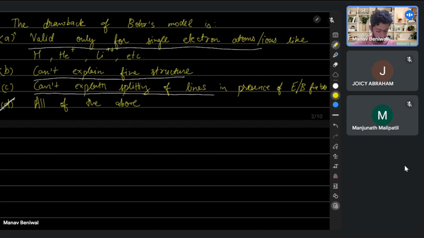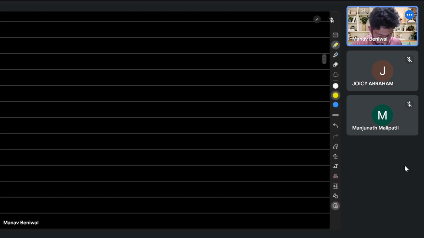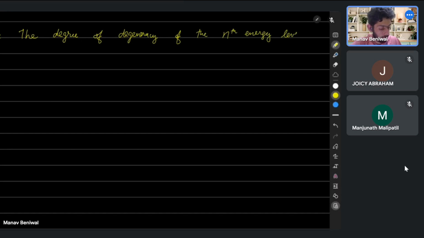Okay, so let's solve this one. The degree of degeneracy of the nth energy level in hydrogen atom is: n squared, n over 2, n plus 1 over 2, or under root n.